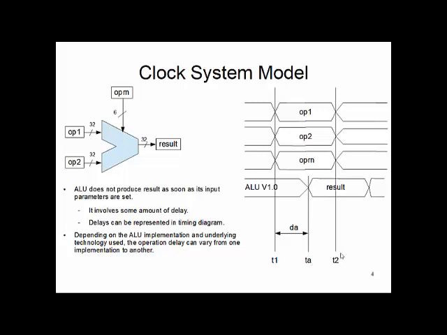Whereas at T2, what happens? Those operands and operation are changed to the next set of operand and operation code.